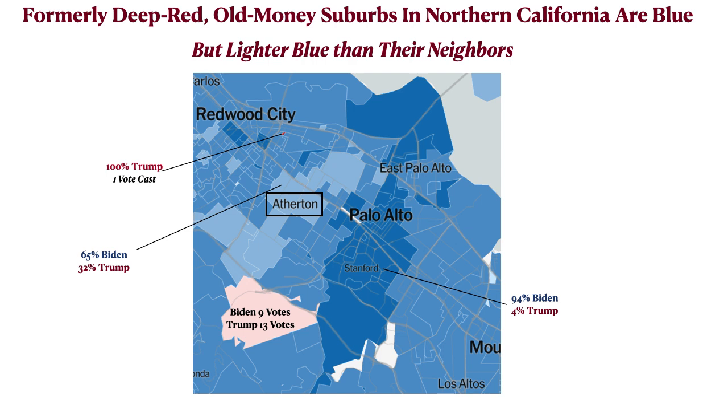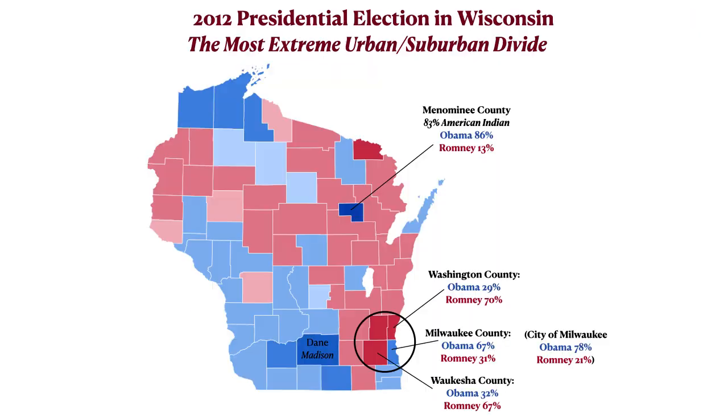Now it's a mixture of black, white, Latino, and a lot of Pacific Islanders, people from Samoa and especially Tonga. So it's very demographically mixed. And it's distinctly blue, but note, it's not as blue as Palo Alto, a much, much wealthier area. So some interesting changes are going on.